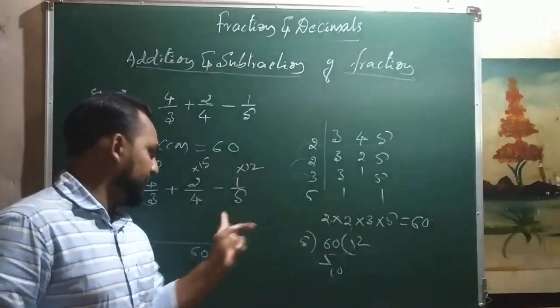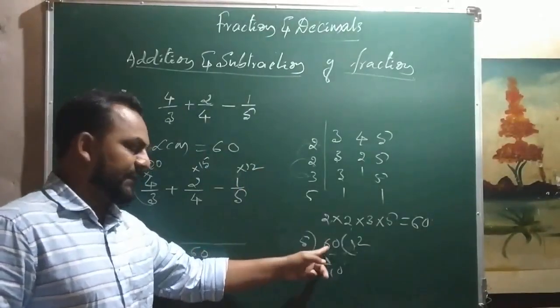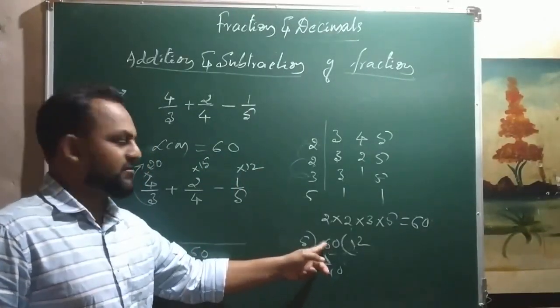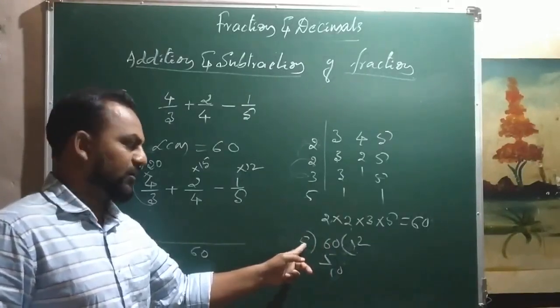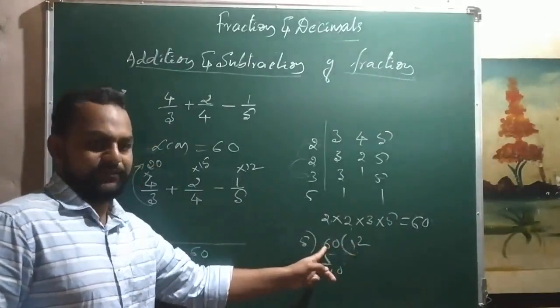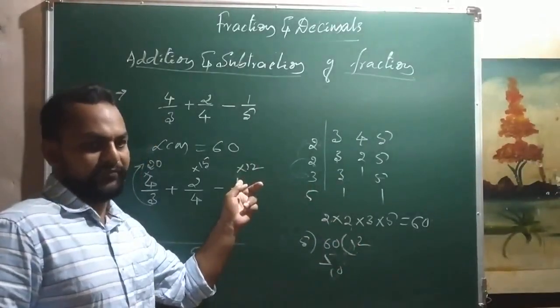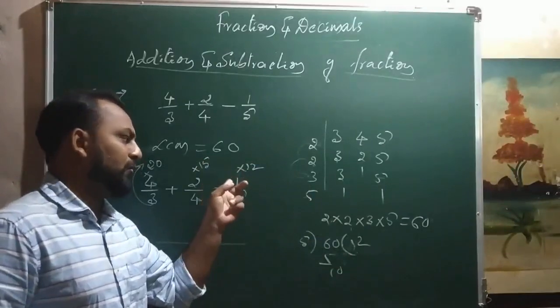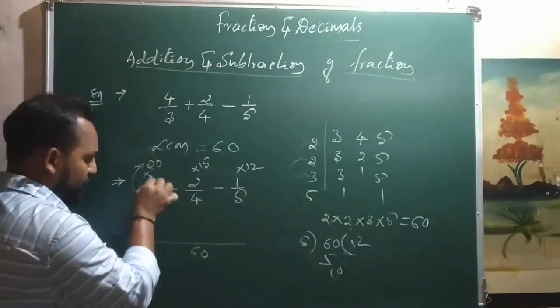Next, divide the LCM by the denominator of the fraction, 5. 5 12s are 60. Write the quotient, then multiply the numerator by the quotient. Next, 2 4s are 8.